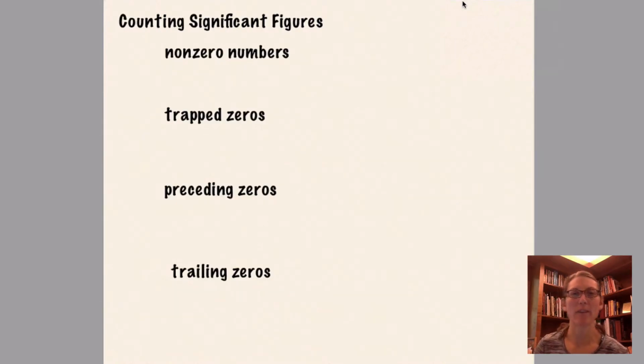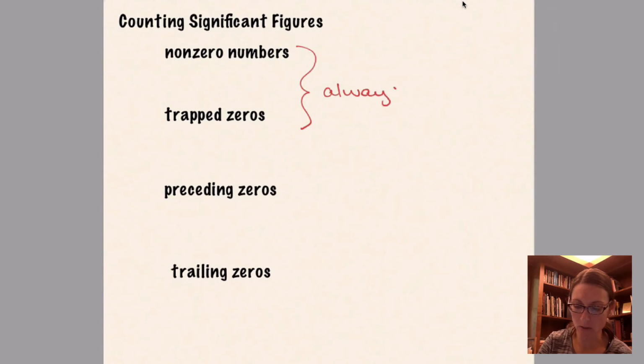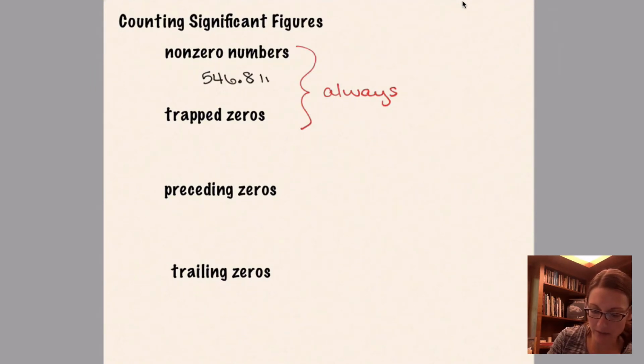Let's talk about how we count significant figures. So first, non-zero numbers, numbers 1 through 9, and zeros that are trapped in the middle of a number, these are always significant. So these will always count. So for example, in the number 546.8 inches, all four of these numbers are significant, and we have 4 sig figs.